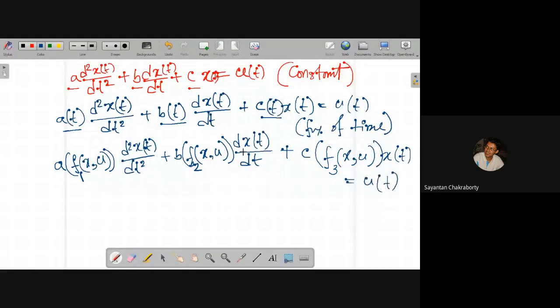In this case, the coefficients are functions of some dependent variable. That is the system variables x, and u is the input variable. So there may be three distinct cases that we can arrive at.